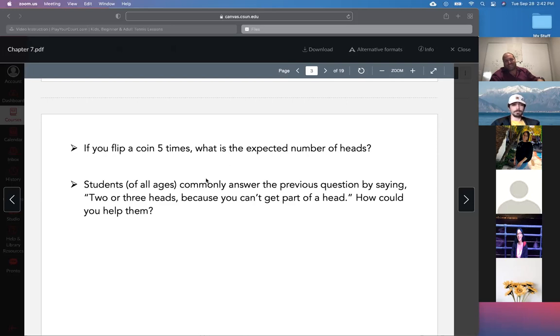So even though I didn't give you 2.5 on any one specific trial, the long-term average can still be 2.5. Expected value is all about long-term averages. It's never about what you get on this specific trial. Now, they're probably going to be close to each other, but they don't have to be the same. Does that make sense?